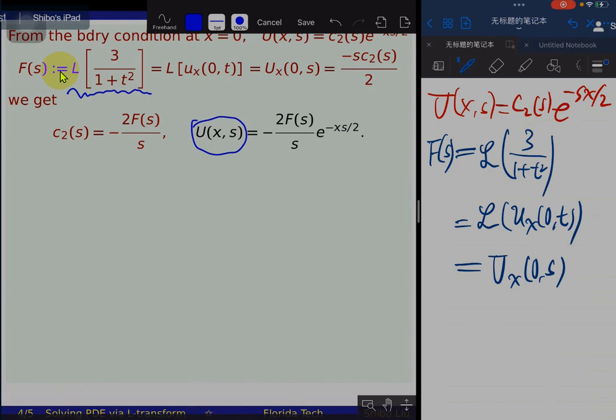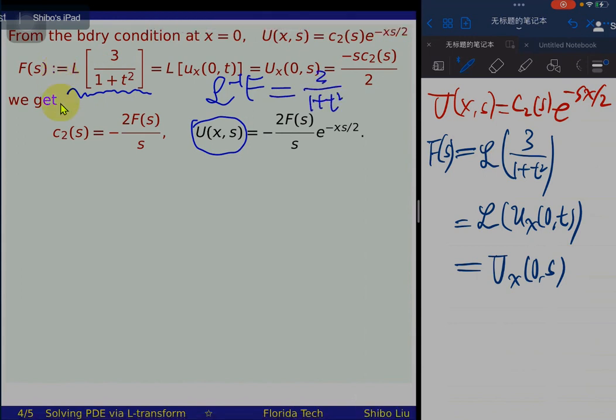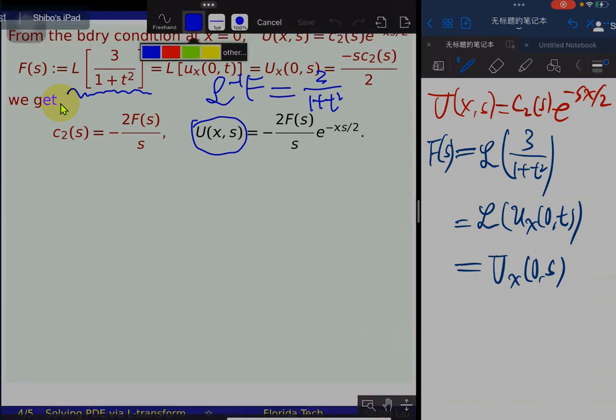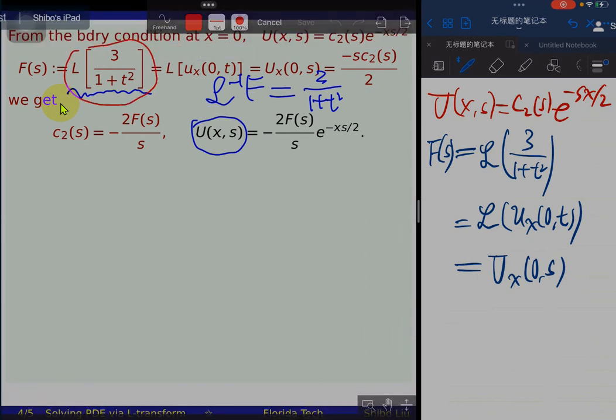That is, with the inverse transform applied to capital F, this gives us 3 over 1 plus t square. So we don't need to compute this Laplace transform. We simply denote it by capital F of s. Okay, this is a point in this problem.